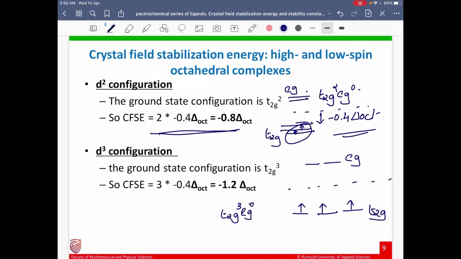The energy difference between the barycenter and t2g is minus 0.4 delta octahedral. So we can write the crystal field stabilization energy: total 3 electrons are there, so 3 into minus 0.4 delta octahedral, equal to minus 1.2 delta octahedral.